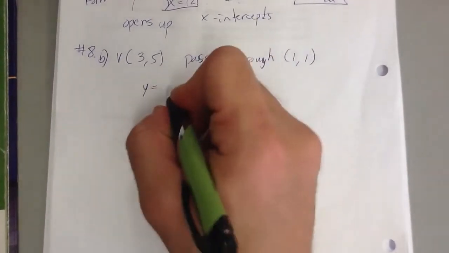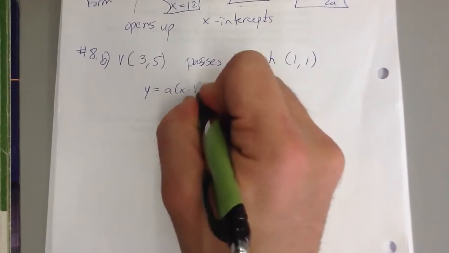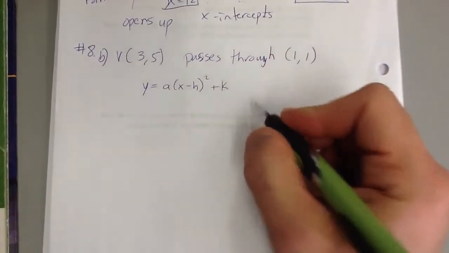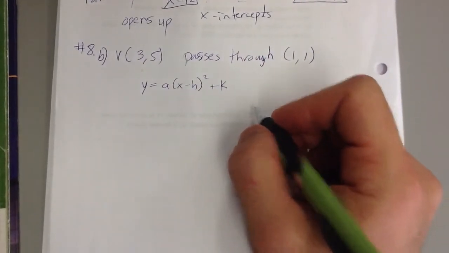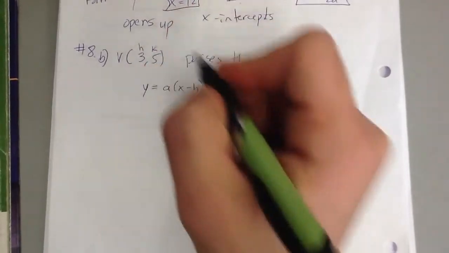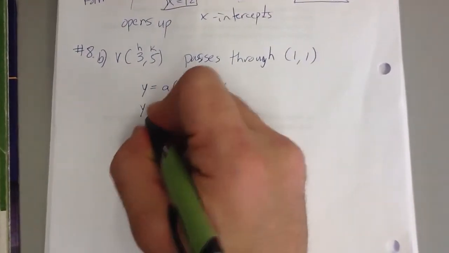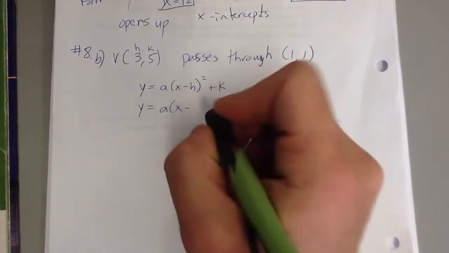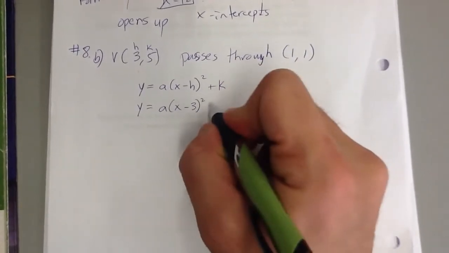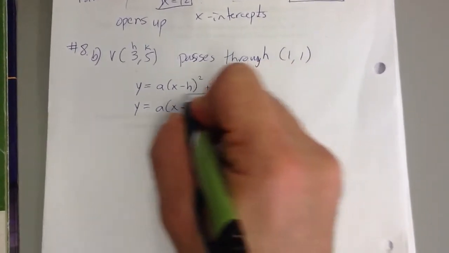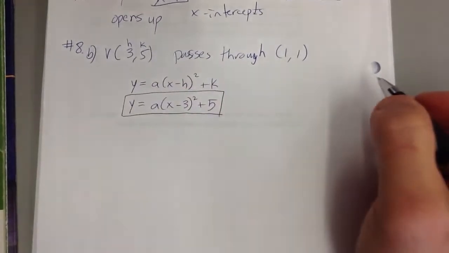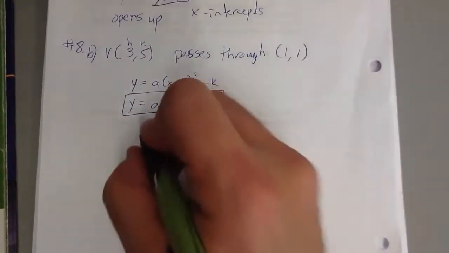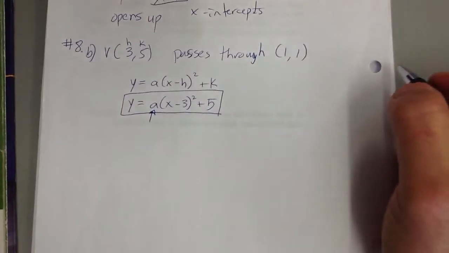Well, we know that an equation for a parabola in vertex form is given like this. We know that the vertex is always (h, k). Okay, so we can write down y = a(x - 3)² + 5, where h is 3 and k is 5. So this is pretty much the equation of my parabola, but I need to figure out what a is equal to.